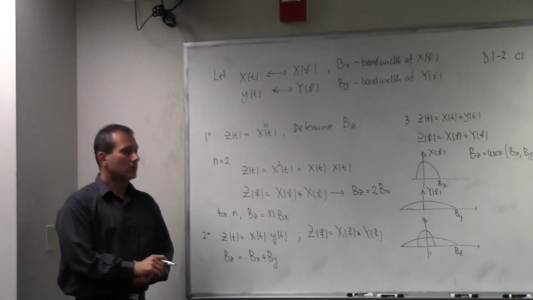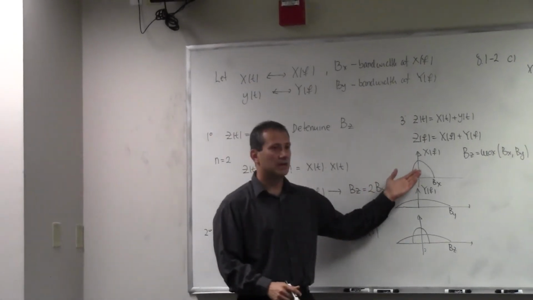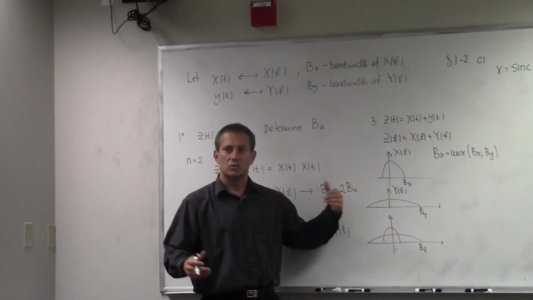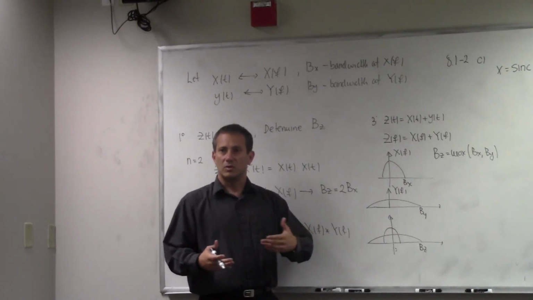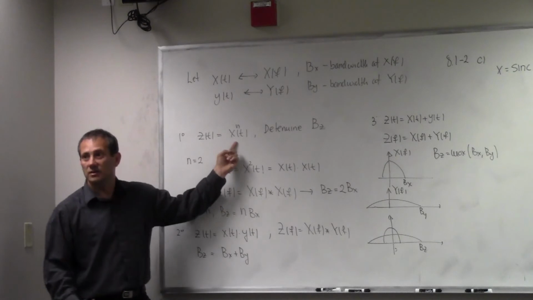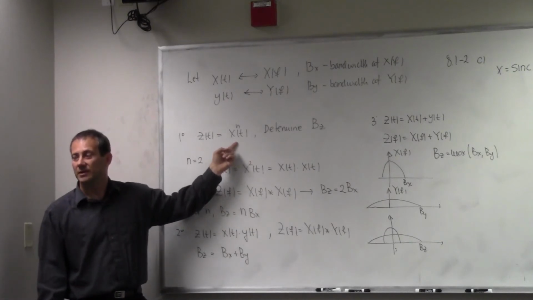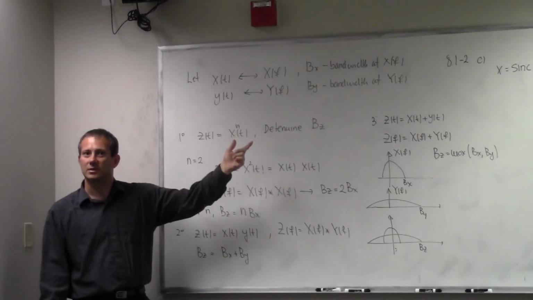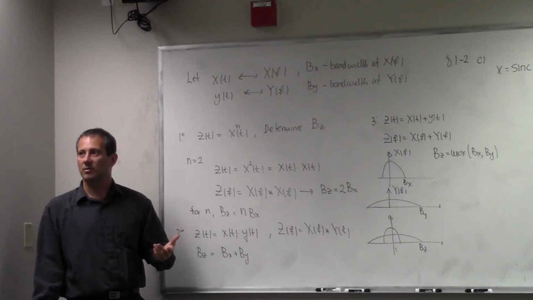If you sum the two signals, then the bandwidth of the sum is the maximum of the bandwidths of the two. Remember how we see signals: we have a bunch of sinusoids, so when you add them, you cannot create new sinusoids. Here, the square is a nonlinear operation, therefore you're getting new frequencies. But addition is a linear operation, and it cannot create new frequencies.